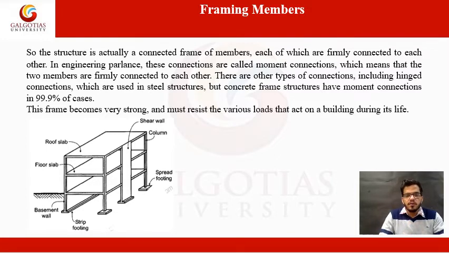When we talk about concrete frame structures, in 99.9% of cases we use the moment connection. So this frame becomes very strong and must resist the different types of loads, which we will discuss further in this lecture, that act on the building during its whole life.